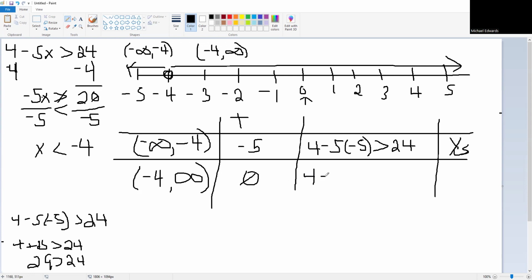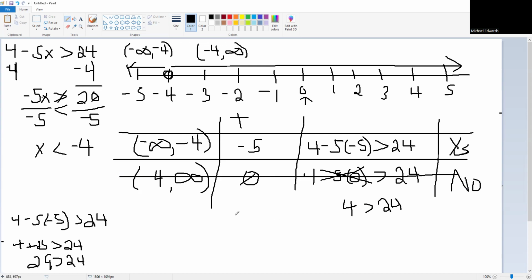So this is 4, -5 times 0, greater than 24. So this ends up being 4 is greater than 24. Now, is 4 greater than 24? No, it's not. So that's not a solution.